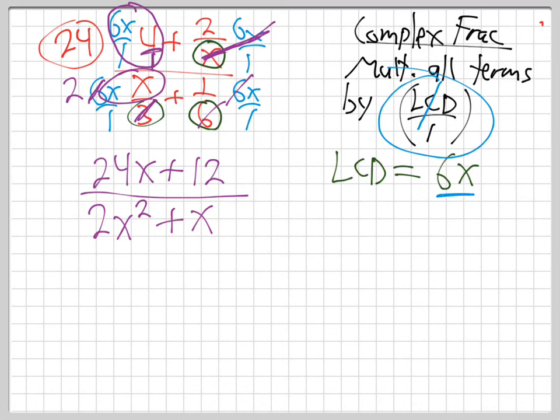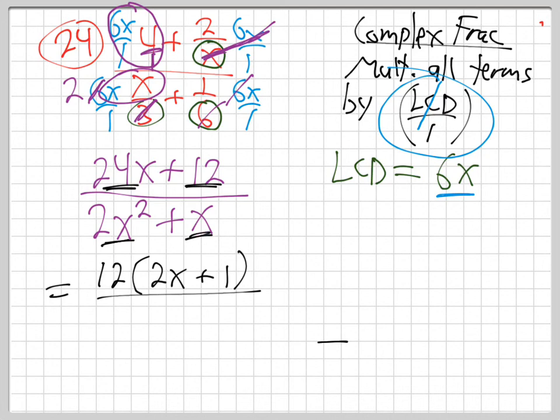Now, on the top, how do we factor the top? What goes into these two? 12. 12 times 2x plus 1. You have to find the greatest number that goes into them. 2 goes into them, 3, 4, 6, but 12 is the greatest number; it goes into 12 and 24. On the bottom, what goes into these guys? X. What does that leave behind?